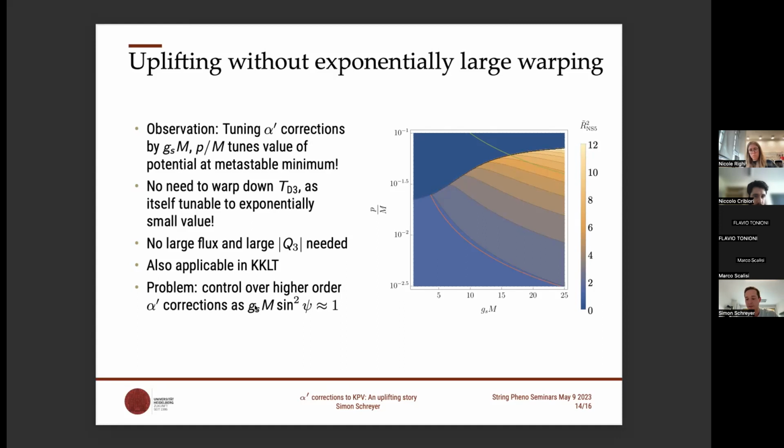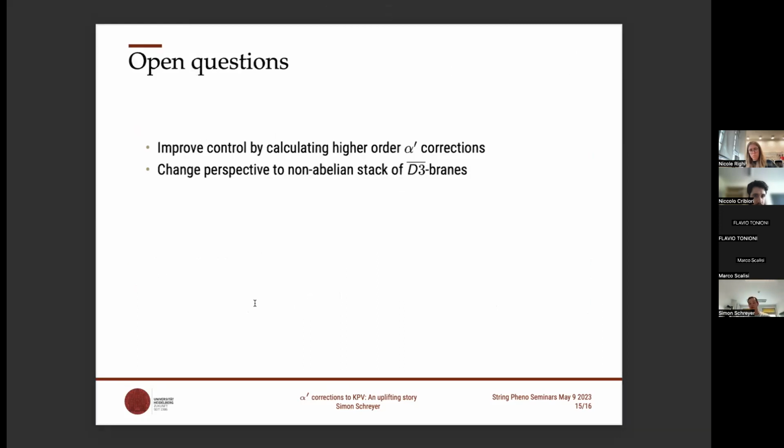And that brings me to the open questions of this analysis. We should improve control by calculating even higher orders in alpha prime, which is of course very difficult because they are not known for the D-branes and also not known for the fivebrane, of course.